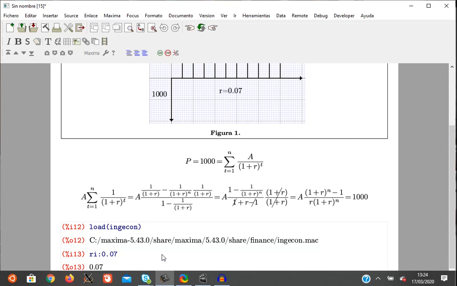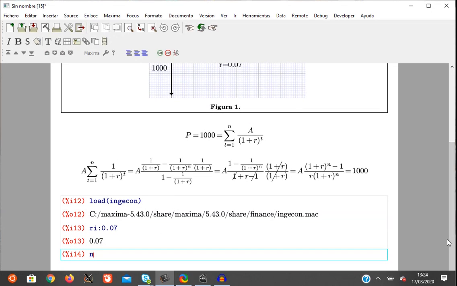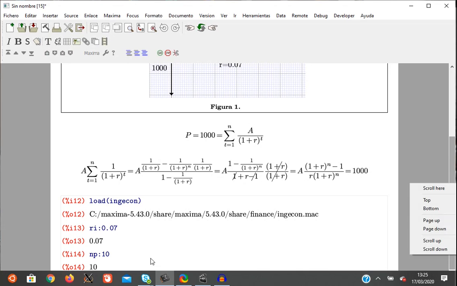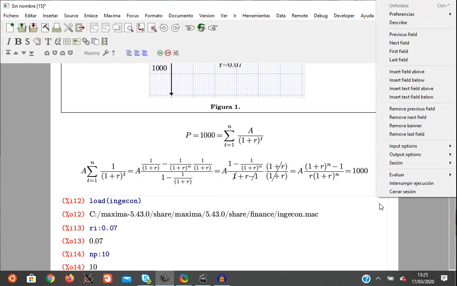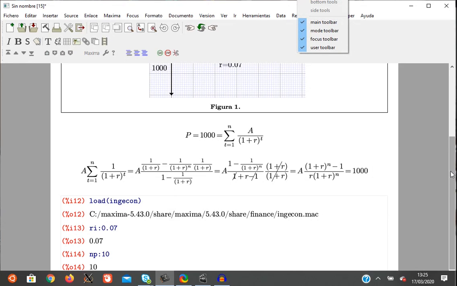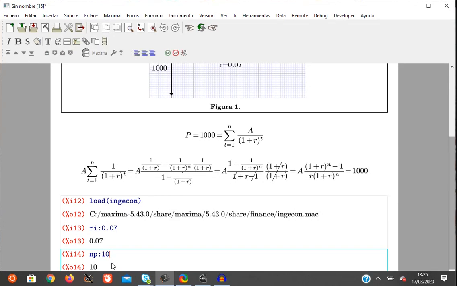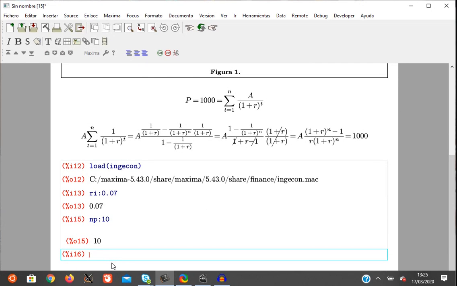Okay, now we can solve the expression a times 1 plus r, I will use the numerical value up to np, minus 1, close bracket, divide by 1 plus ri up to n, divide again by ri.